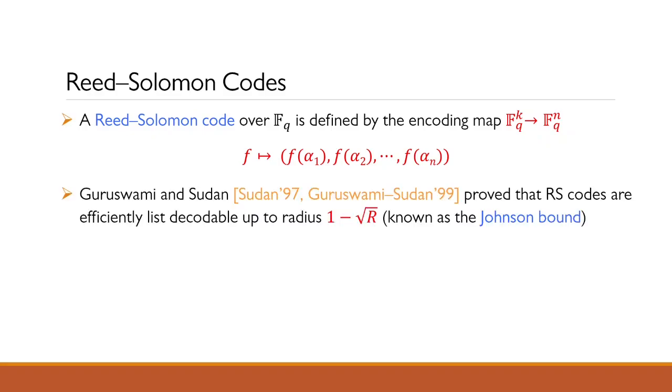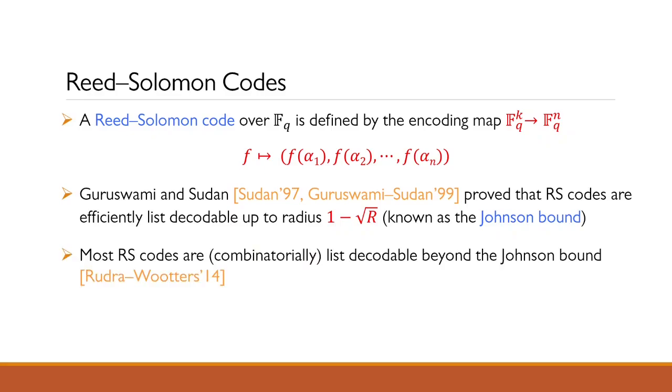And Guruswami and Sudan proved that Reed-Solomon codes are efficiently list decodable up to radius 1 minus square root of R, which is also known as the Johnson bound. And note that this is worse than the list decoding capacity. So one question is whether Reed-Solomon codes are list decodable beyond the Johnson bound.